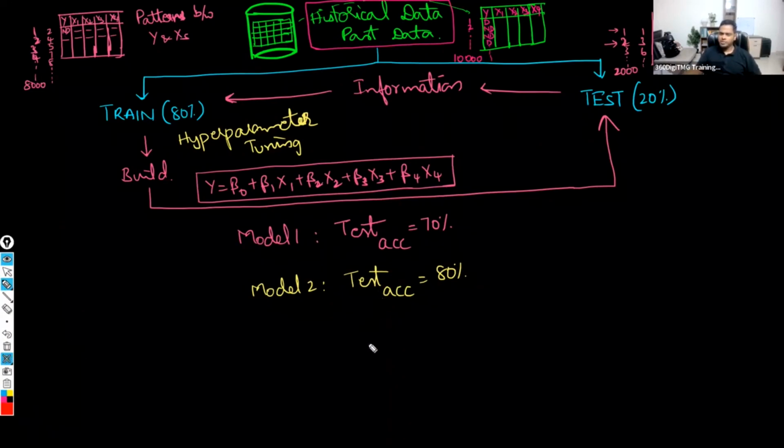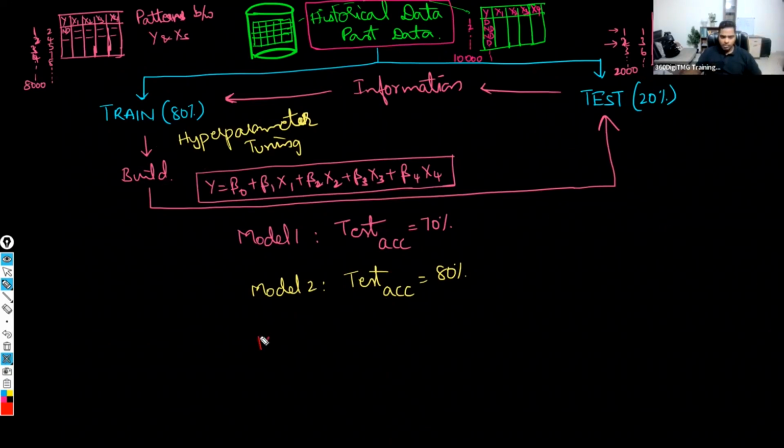You're still not happy because the customer told you, hey, I need by hook or crook 90% accuracy. So you probably would go back with this information that now the accuracy is 80%. With this information, you go back, again tweak your hyperparameters, build your model, and once again test it on the test data.